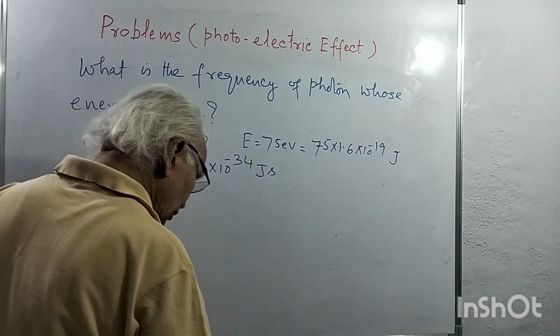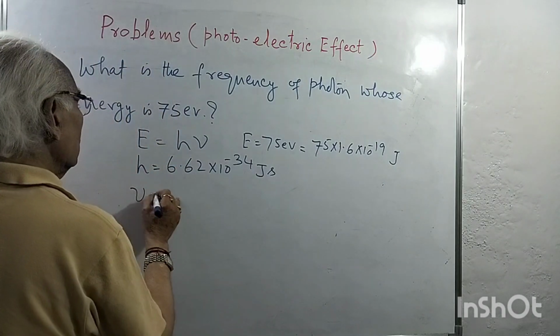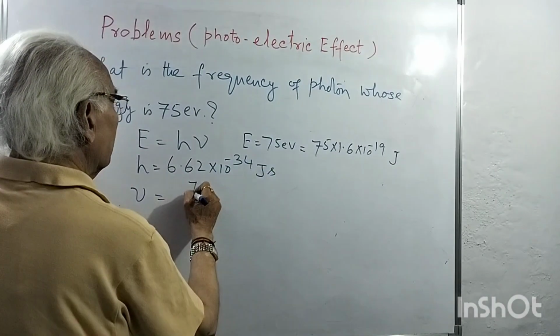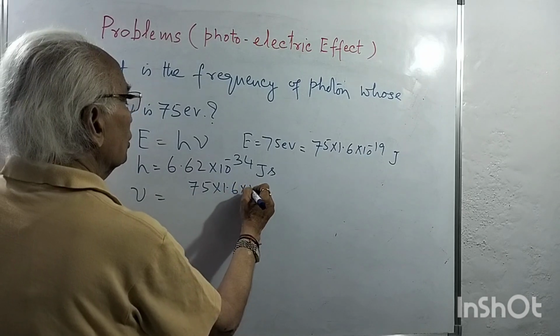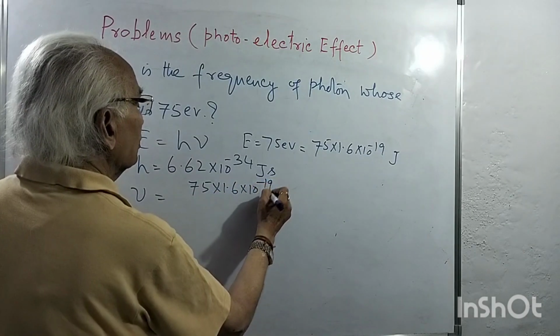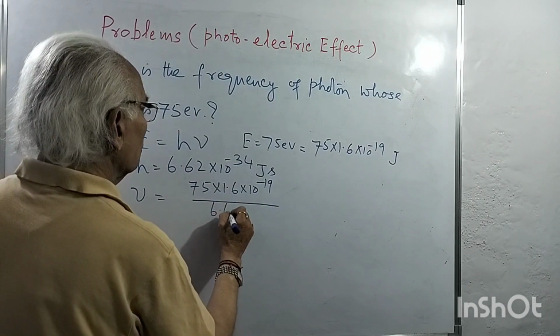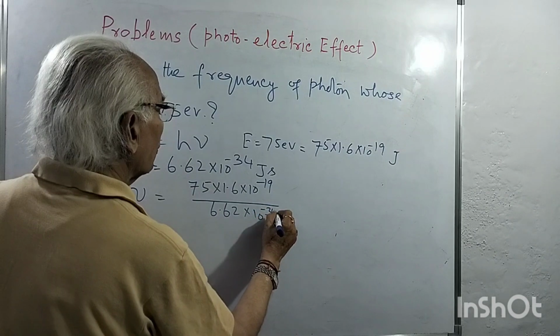So find out the frequency. The frequency nu is E over h, that is 75 into 1.6 into 10 to the power minus 19 over 6.62 into 10 to the power minus 34.